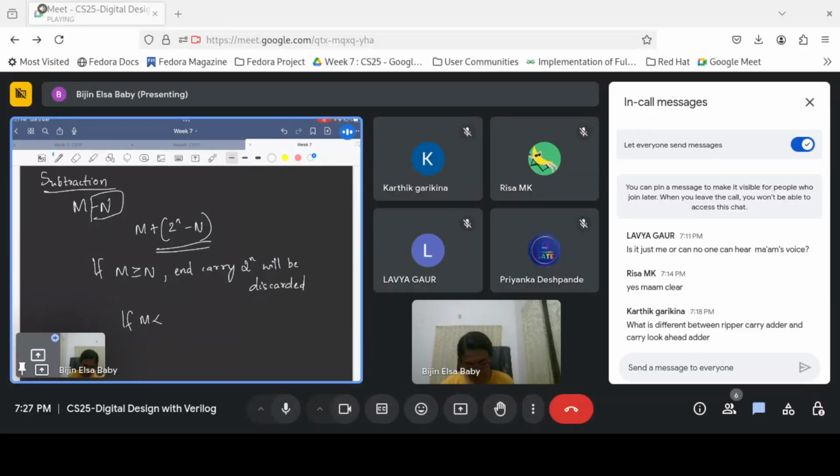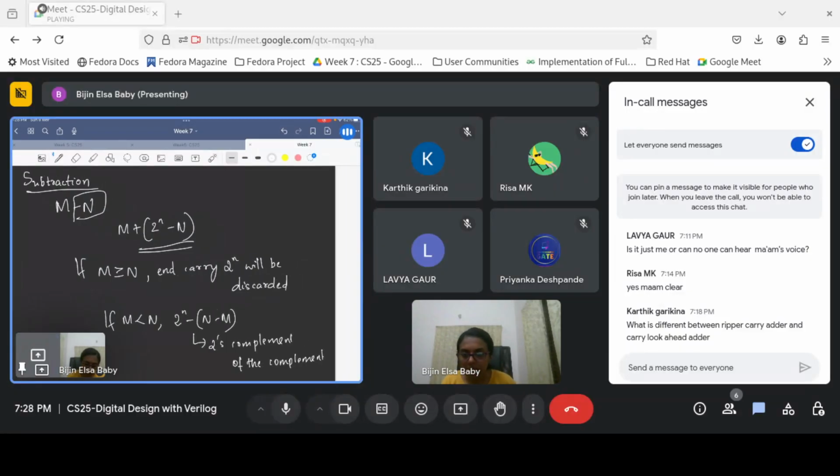If m is less than n, the result will be the 2's complement form. So you need to take the 2's complement of the result and place a negative sign in front of it to get the decimal value.